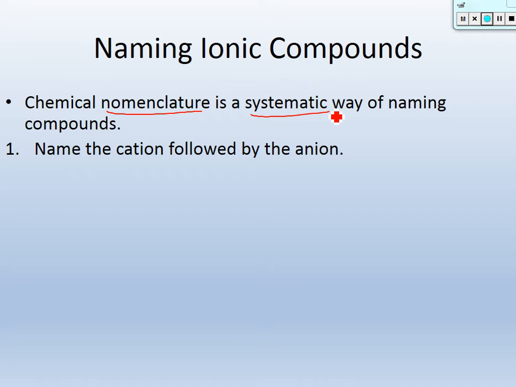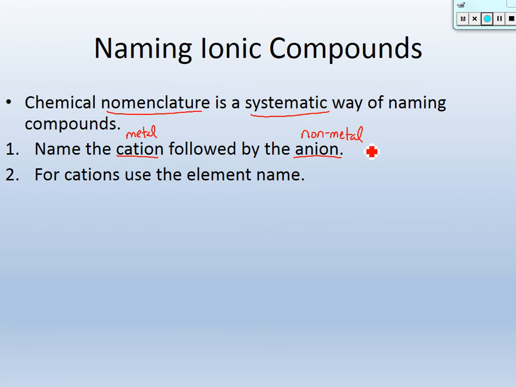So you always name the cation first. This is the metal. Then you will name the anion, which is the nonmetal. So take a second and jot rule number 1 down. So you name the cation first, then you name the anion.